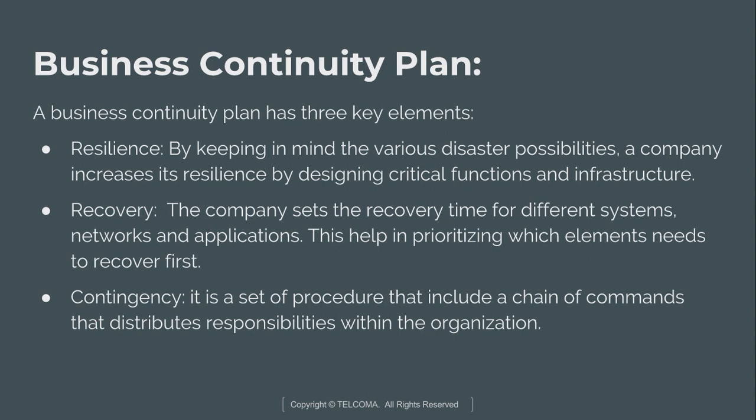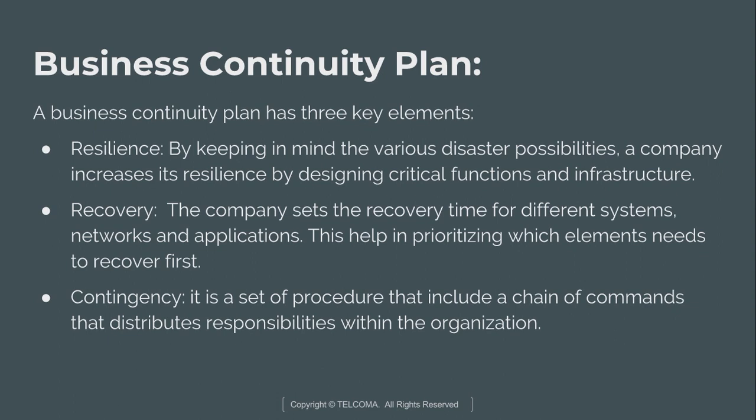Next key element is recovery. Here the company sets the recovery time for different systems, networks, and applications. This helps in prioritizing which elements need to be recovered first. Rapid recovery to restore business functions after a disaster is crucial. And the third key element is contingency.